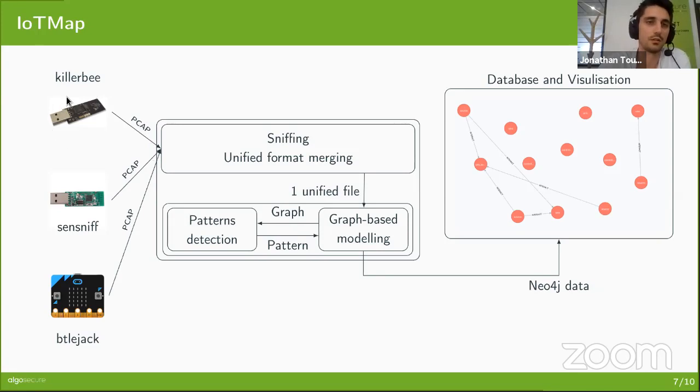For instance, we can use an RZ USB stick with the KillerBee firmware embedded to intercept ZigBee communications. We can use a CC2531 device with the SenSniff firmware to intercept 6LoWPAN communications, or we can use the Betelgeuse firmware in the micro:bit devices to intercept BLE communications.